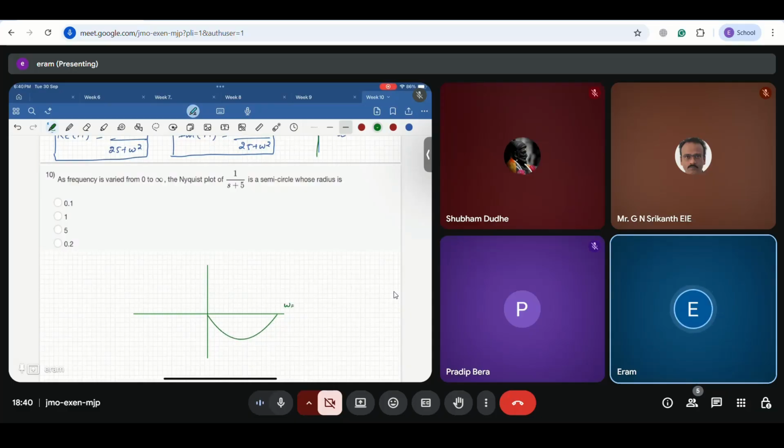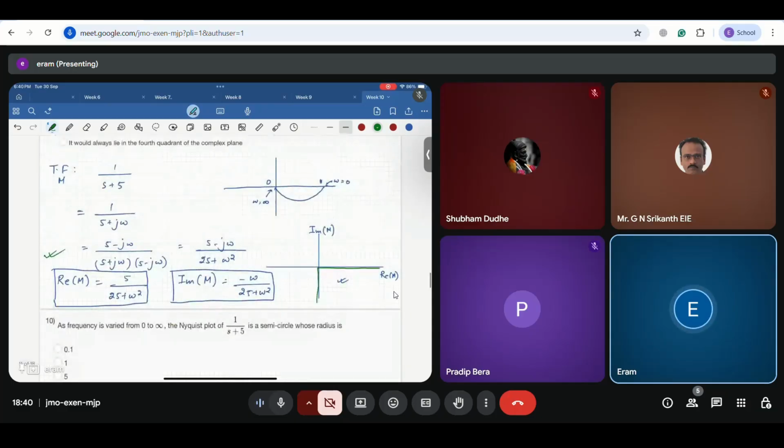At omega equals to 0, if you put omega equals to 0, what will be the real and imaginary part?